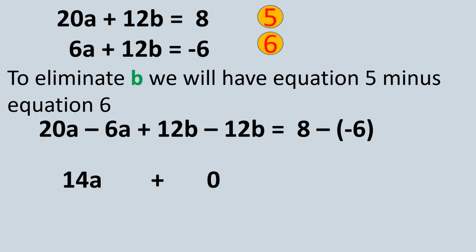So when we simplify further, we have 20a minus 6a, which is 14a. 12b minus 12b becomes 0, and that is demonstrated by us eliminating the b.